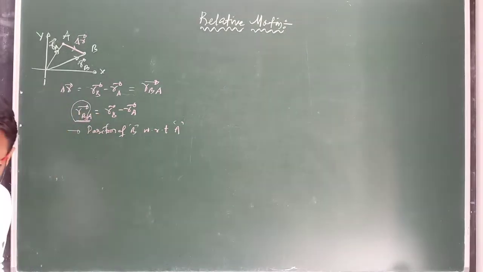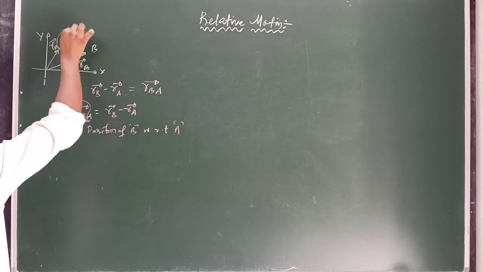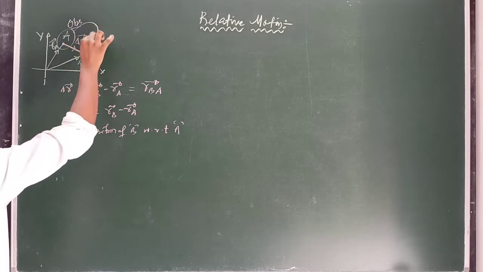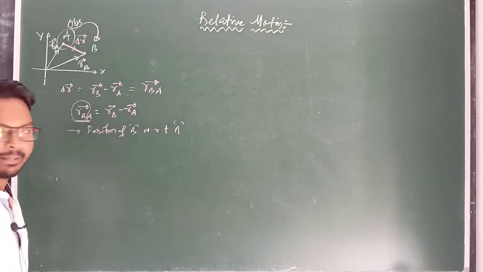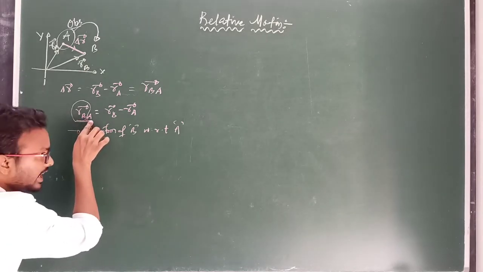If the observer is situated at this point, A, then the observer observes the position of B. It means the position of B with respect to A.